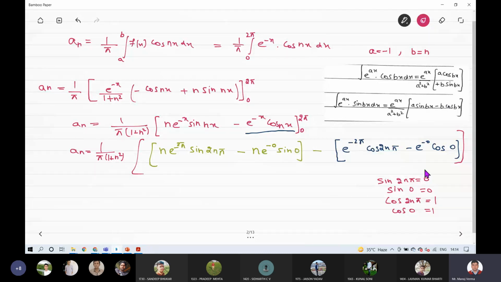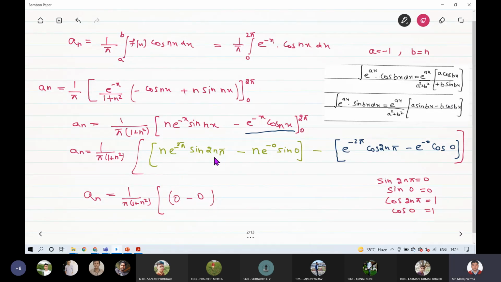So if I insert these identities in this particular expression, then it will look something like this. a_n is equal to 1 over pi times 1 plus n square, 0 minus 0 in this case.